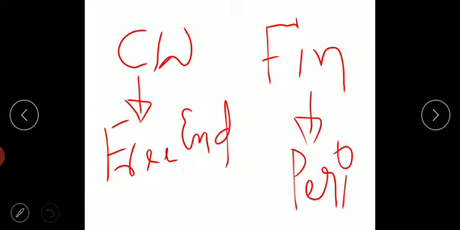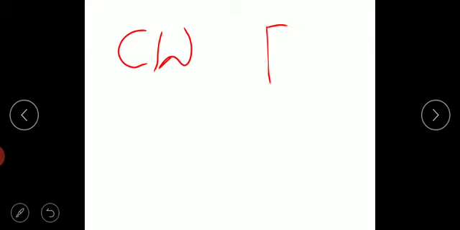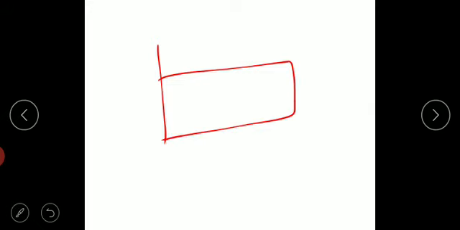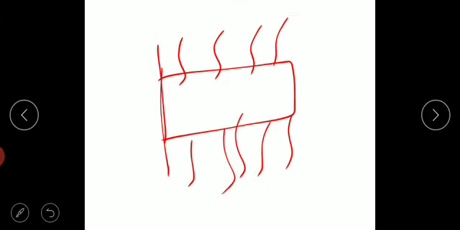But in the next class we shall consider a problem where for the fin we are considering the perimeter heat transfer along with the free end convection. So in the next problem we shall discuss three things.